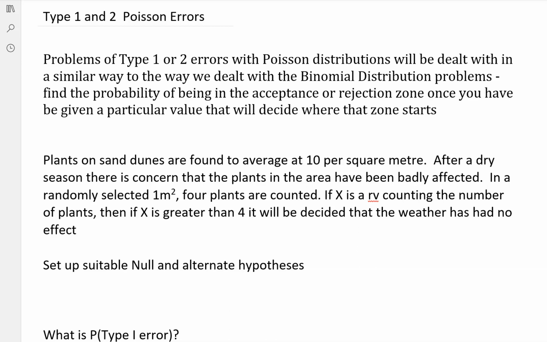To begin with, our null hypothesis is going to be that lambda is equal to 10 plants per square meter. Now, we think that the weather has affected this, has reduced that down. So in other words, our alternate hypothesis is going to be that lambda is less than 10 plants per square meter.